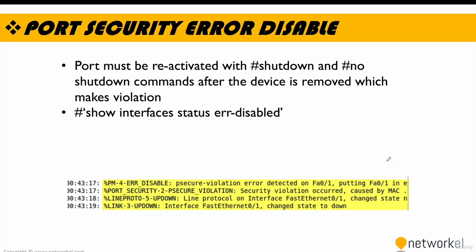So if a port goes to the error disabled mode, the port must be reactivated, okay? Otherwise you won't be able to use this port. So how I'm reactivating it, I need to type the shutdown command first, and then the no shutdown command after the device that makes the violation is removed.